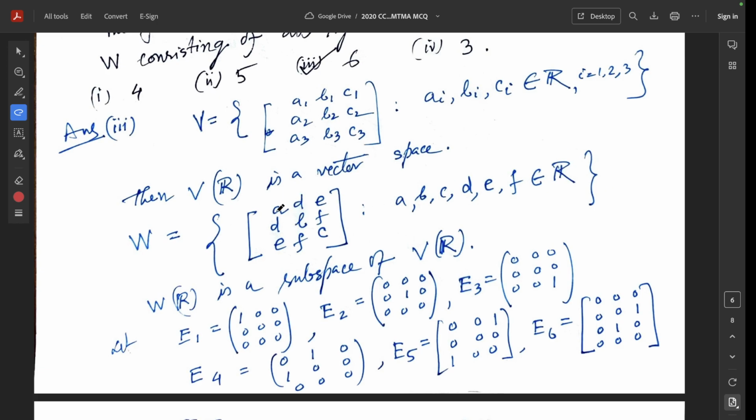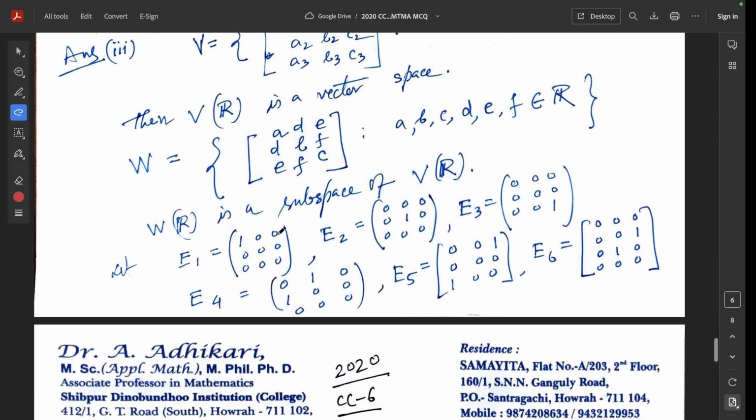The 1,2 position equals the 2,1 position, the 1,3 position equals the 3,1 position, and the 2,3 position equals the 3,2 position elements, for a symmetric matrix. Now, W is a subspace of V.